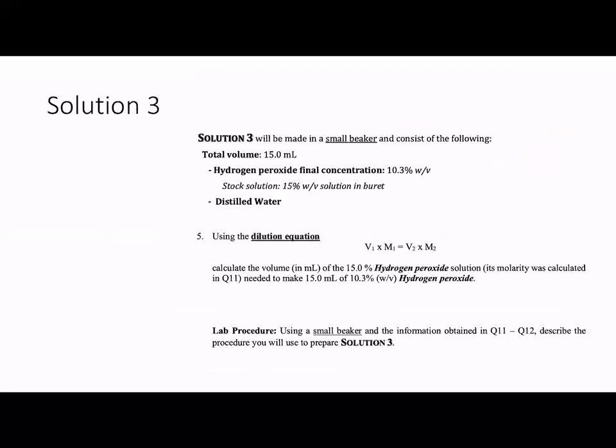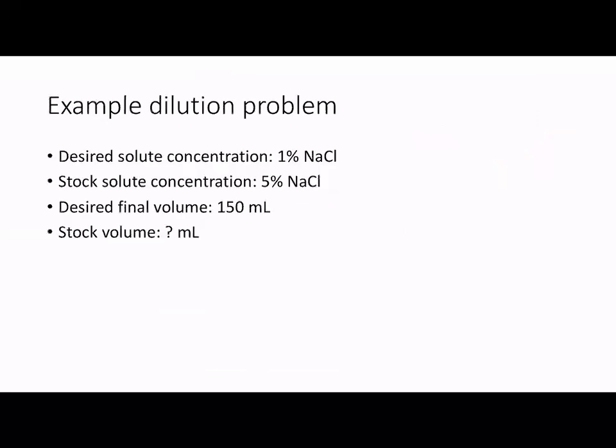Solution 3, you will have a small beaker as well, but you will have the solutions needed in a burette. Now, this is a dilution problem. So let's go over how we would solve an example dilution problem. In any dilution problem, you need to use this equation.